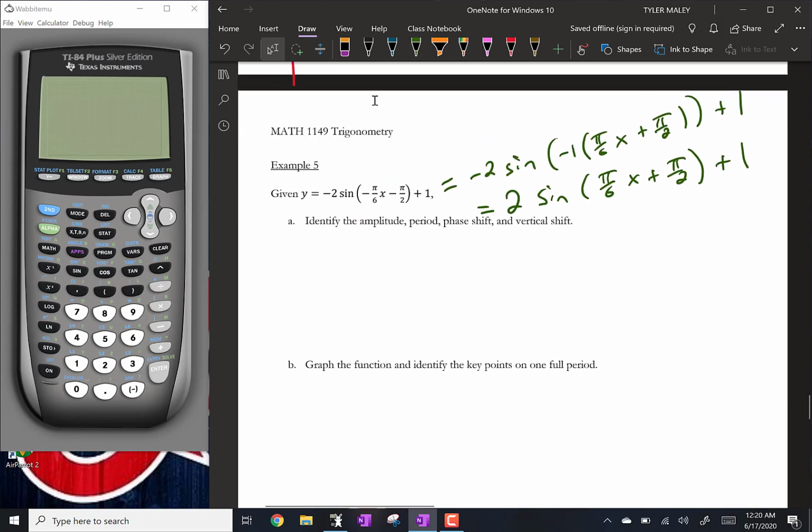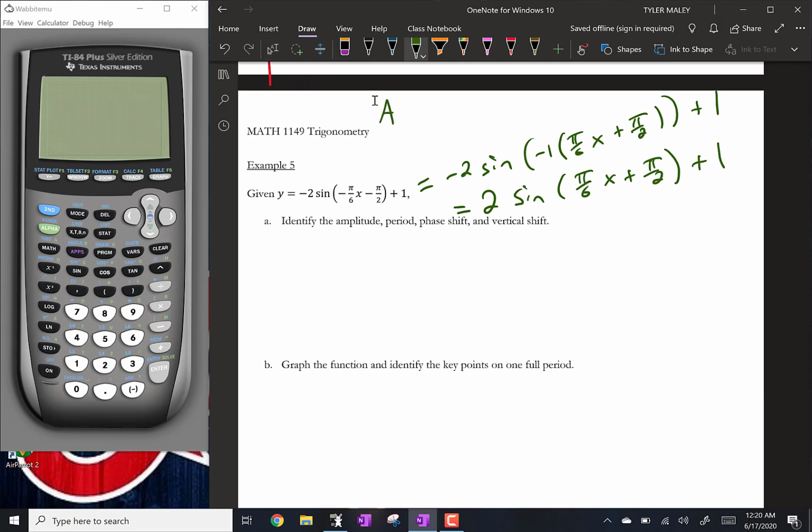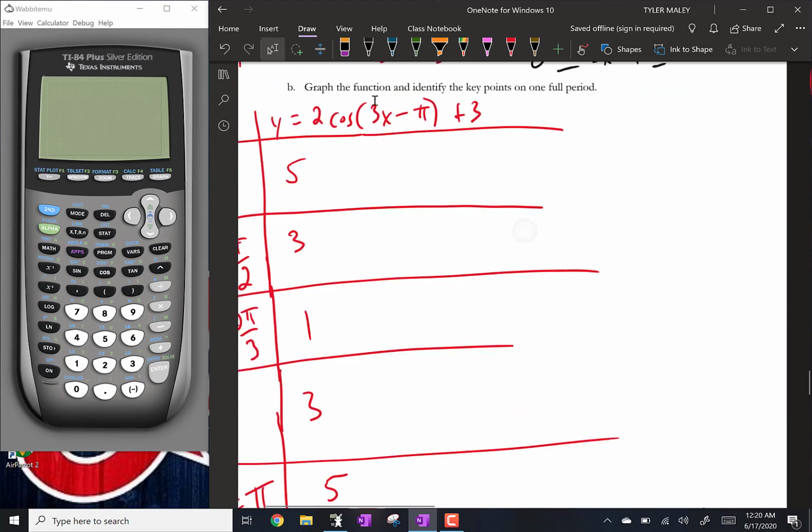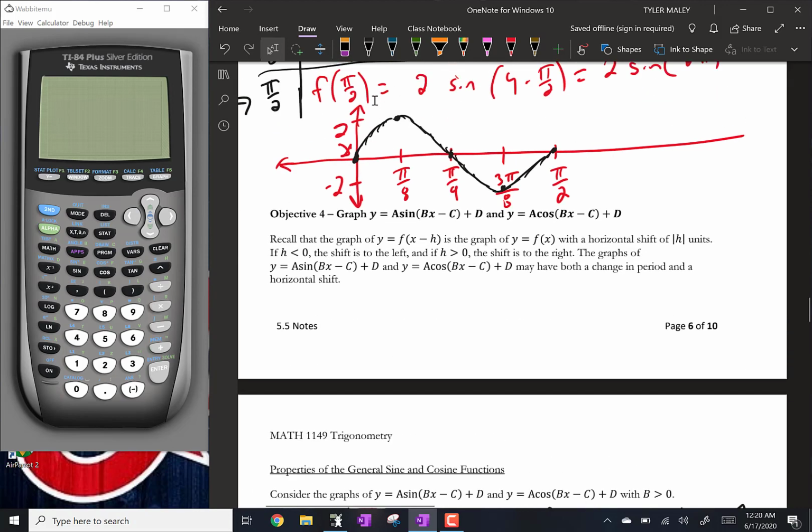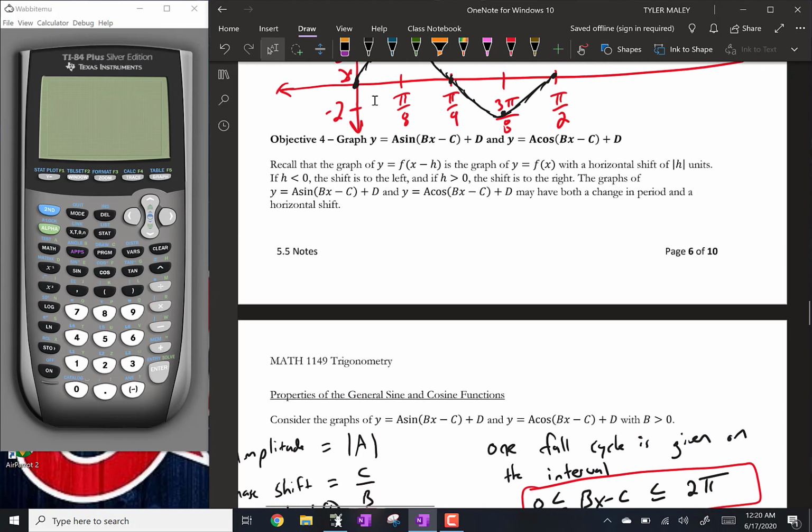Right? So then we can label my parts. So A is 2, B is pi over 6, C would be negative pi over 2, right? Because it's minus, should be minus C, and then D is 1. Right? So again, how I'm identifying the A, B, C, D, I'm just looking at the function in these forms, right?